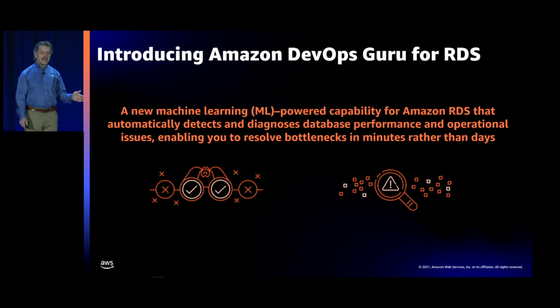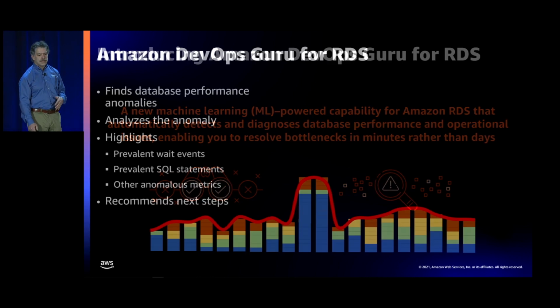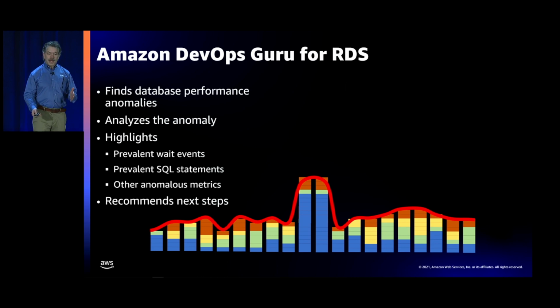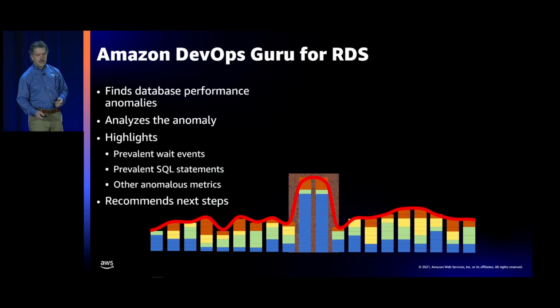DevOps Guru for RDS goes several steps further than Performance Insights by using machine learning to detect and diagnose performance problems in your databases and using those to help you fix those problems quickly. Let's jump right in and take a look at what this capability can really do.